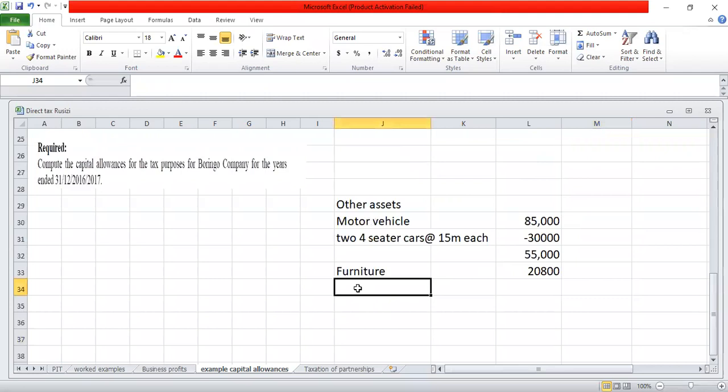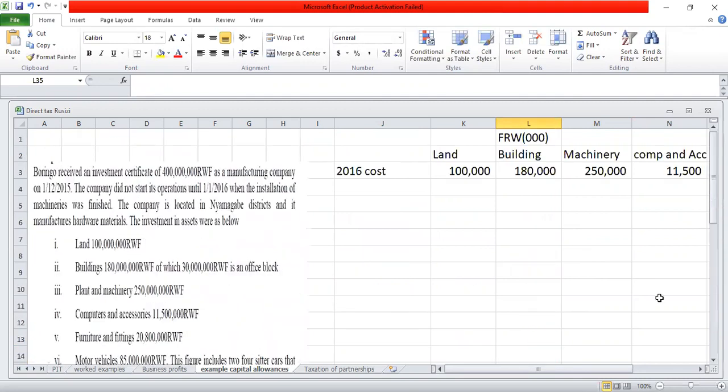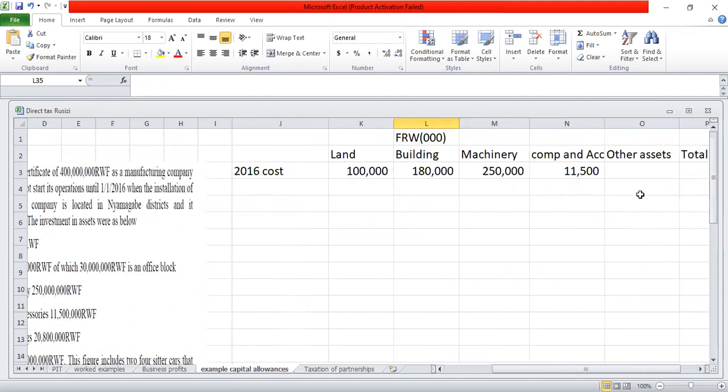So the total other assets will be this plus this, 105,800.